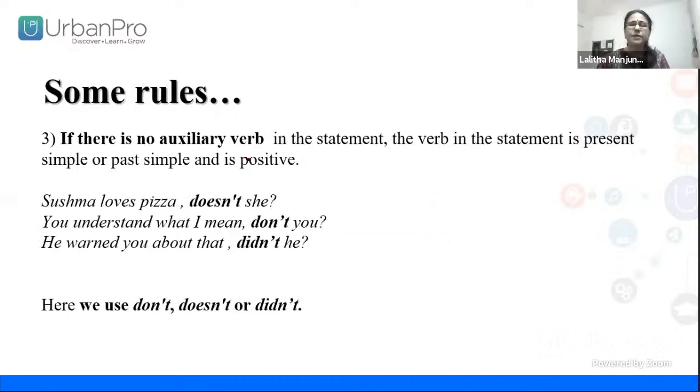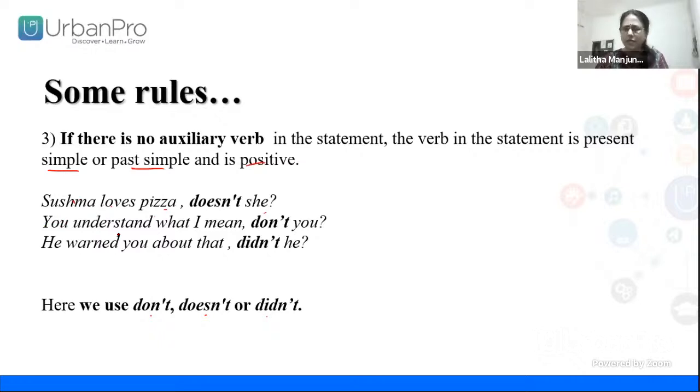Now, when we have positive sentences in present simple or past simple, like this, Sushma loves pizza. So there is no helping verb here. So if there is no auxiliary verb, we have to add an auxiliary verb. Sushma is she. I have to add doesn't. For he, she, and it subjects, I add doesn't.